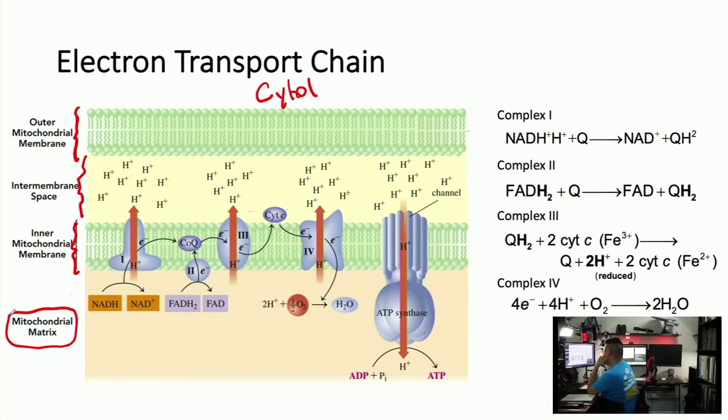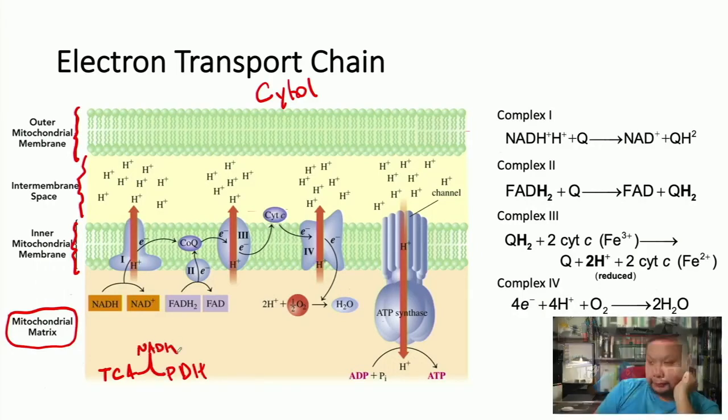If you recall, the enzymes of the citric acid cycle and the pyruvate dehydrogenase complex were all in the mitochondrial matrix. Both of these produced NADH when they encountered their respective substrates.